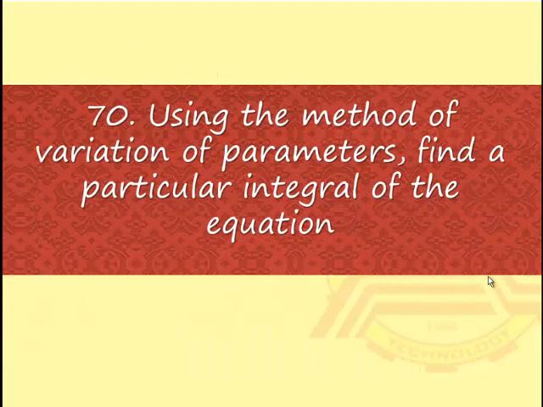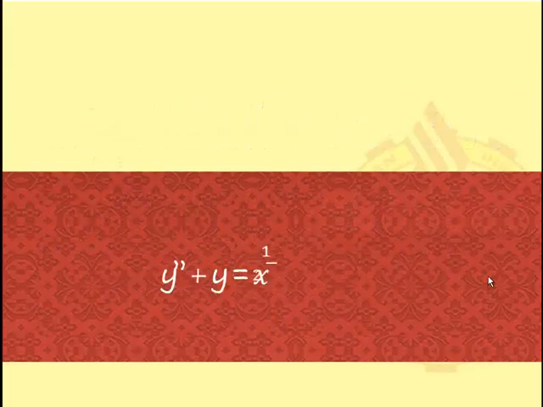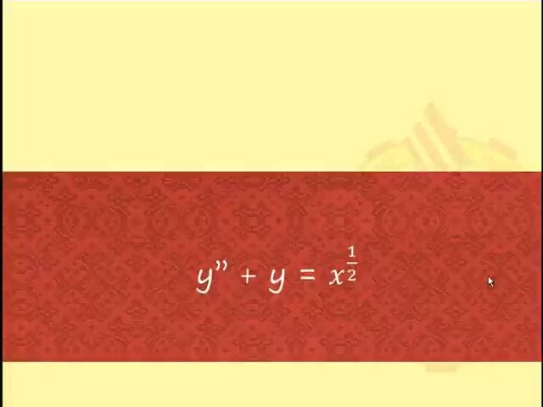And next, the problem is: using the method of variation of parameters, find a particular integral of the equation y double prime plus y is equal to x to the power of 1/2. And we have this solution.